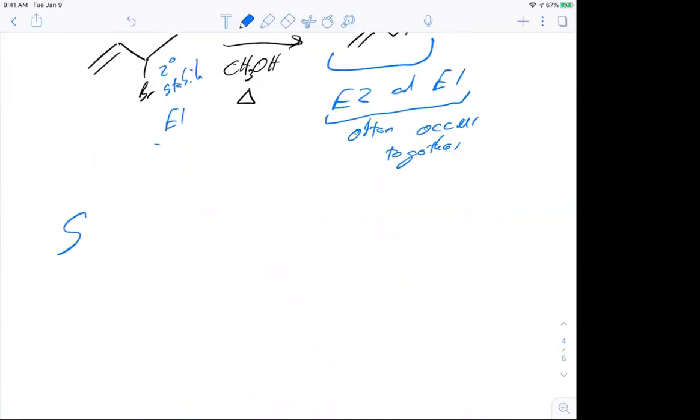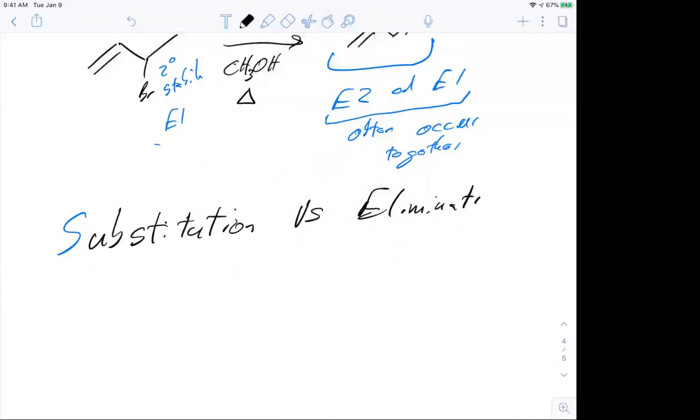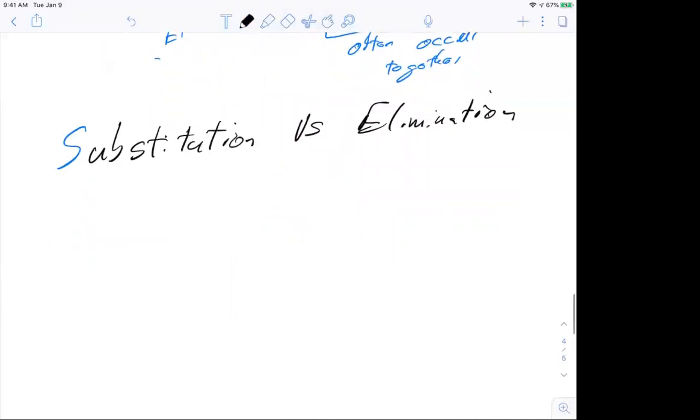Now the reason that I left this afterwards is that we also have competition between substitution versus elimination. And in this one, let's start with an SN1 style reaction.